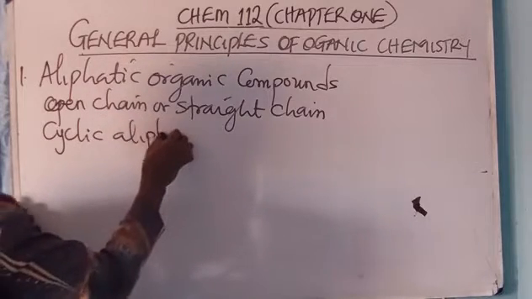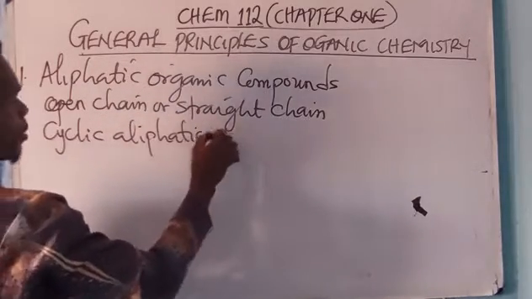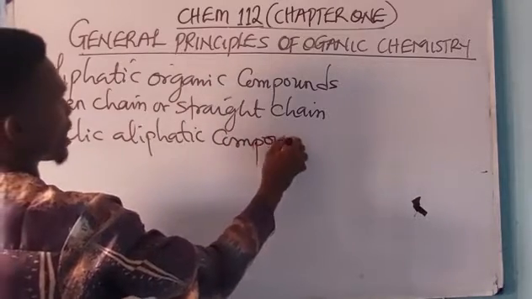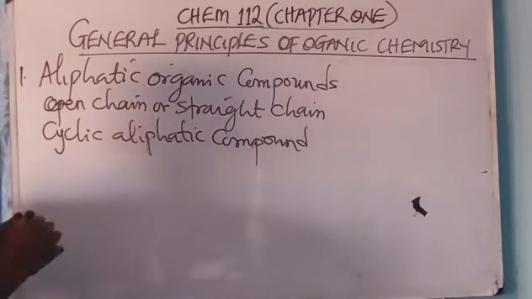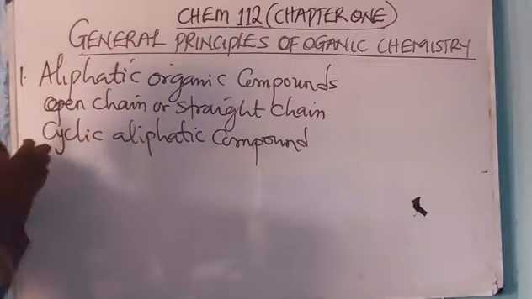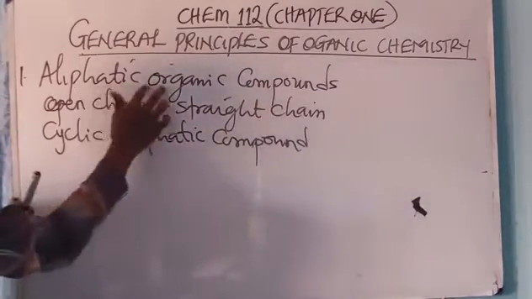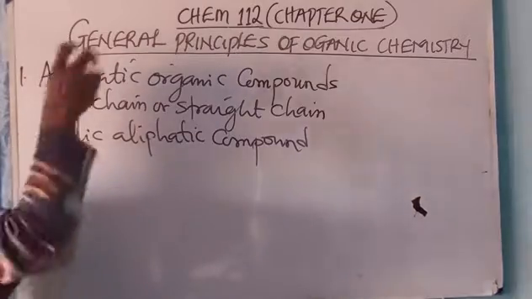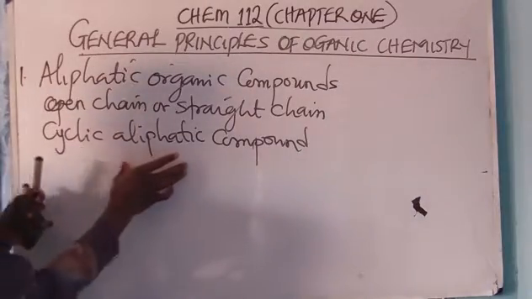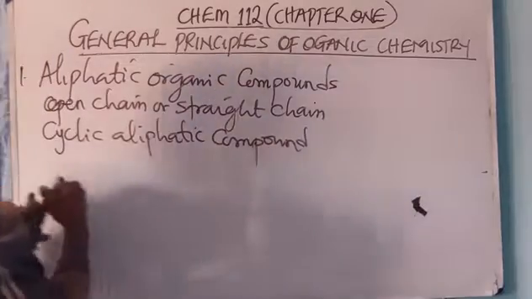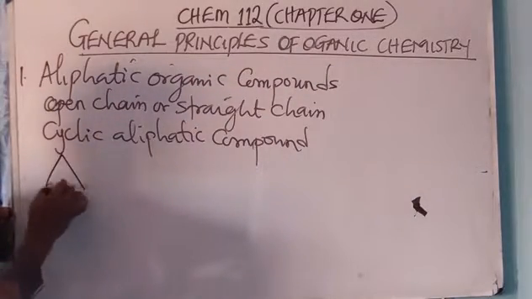But there are some aliphatic compounds that occur as a ring. You call them cyclic aliphatic compounds.